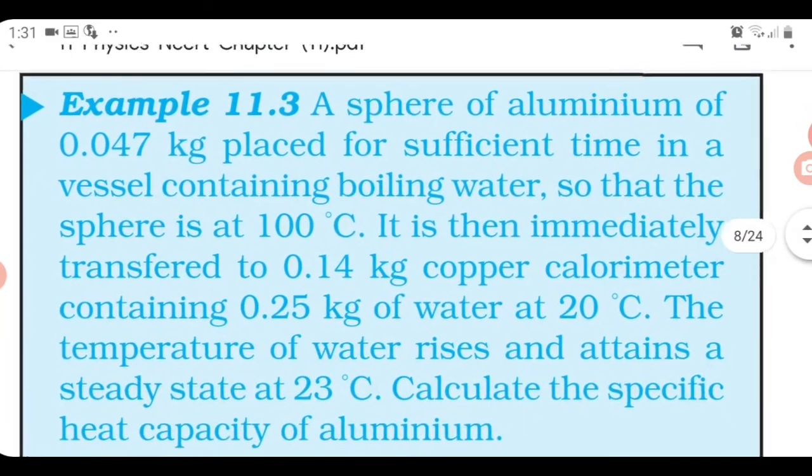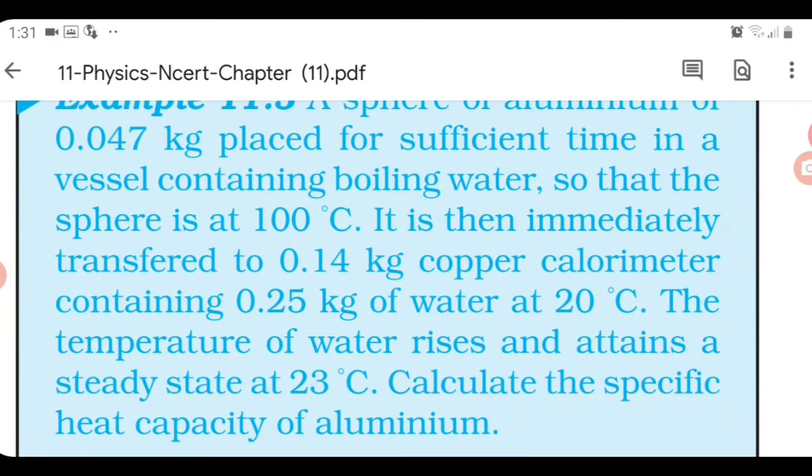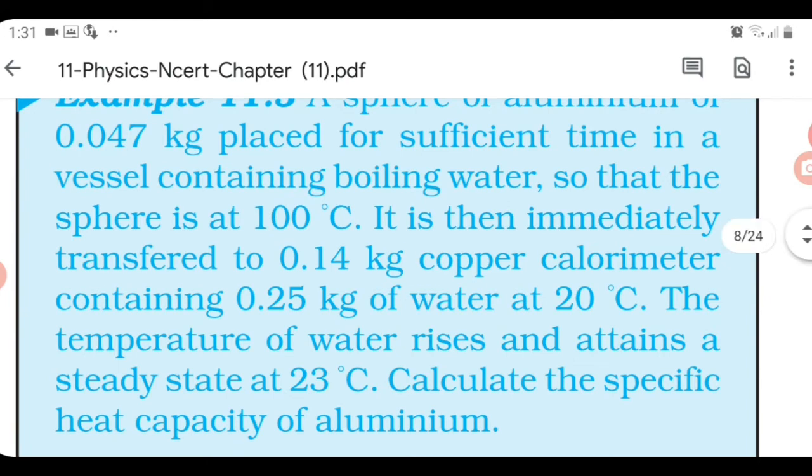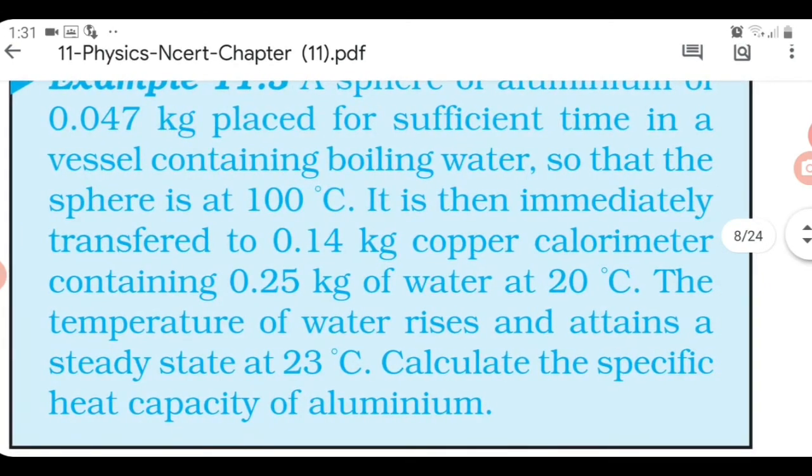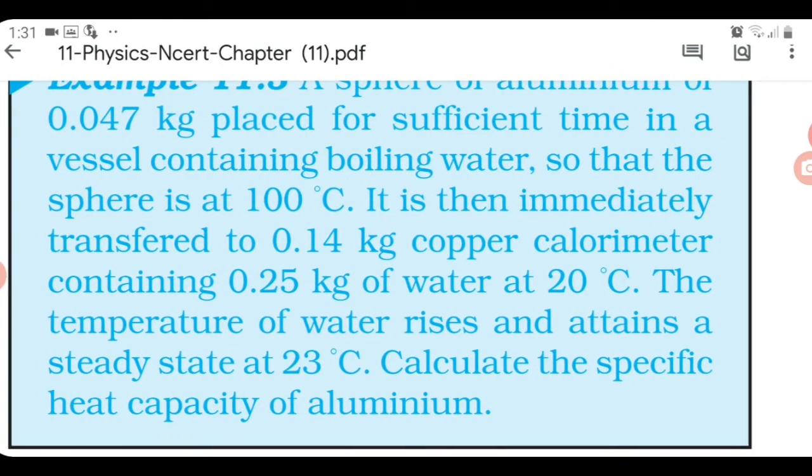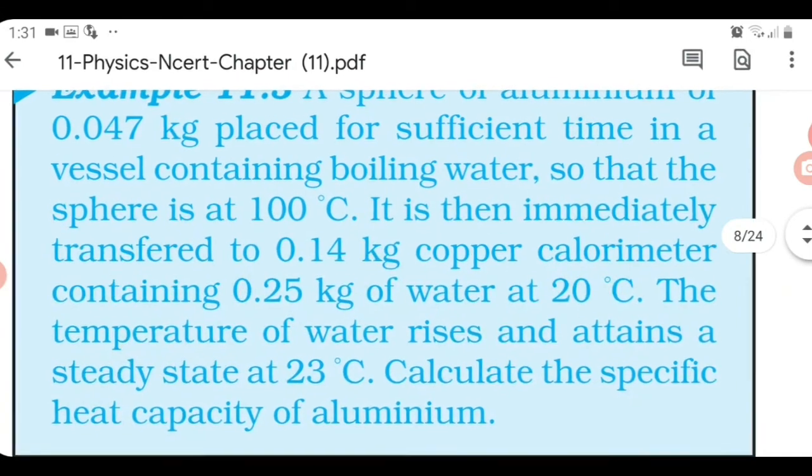It is then immediately transferred to a 0.14 kilogram copper calorimeter containing 0.25 kilogram of water at 20 degrees Celsius. The temperature of water rises and attains a steady state at 23 degrees Celsius. Calculate the specific heat capacity of aluminium. So this is the question given.